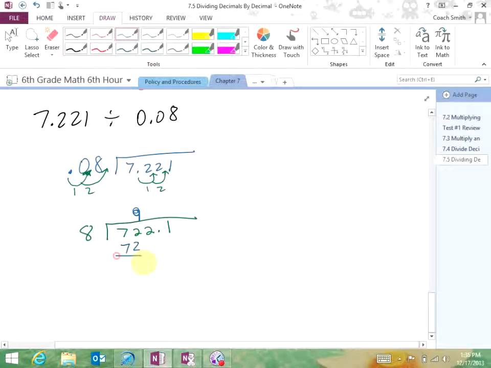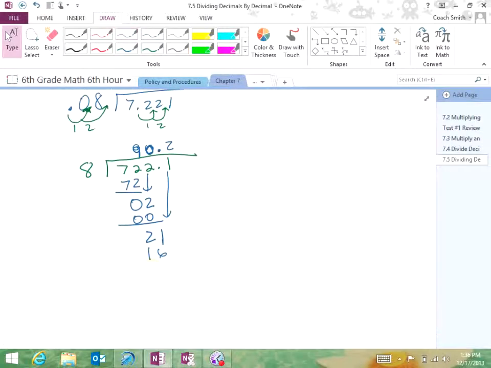That would be 72, remainder 0, bring down the 2. 8 goes into 2, 0 times, be 0, so remainder 2, bring down my 1, bring up my decimal. 8 into 21 goes 2 times, be 16, remainder 5, add a 0, bring it down. 8 into 50 goes 6 times, be 48, remainder 2, bring down my 0.